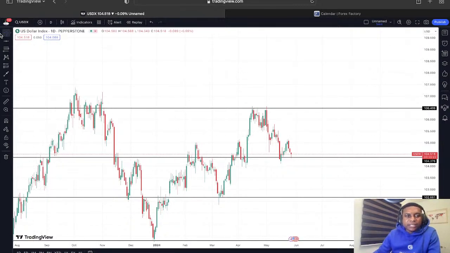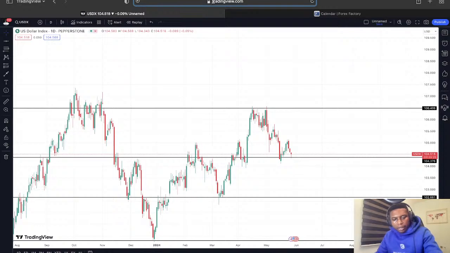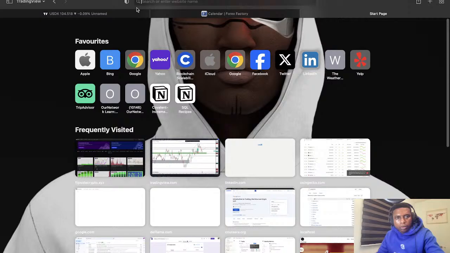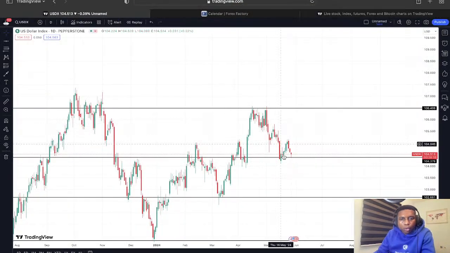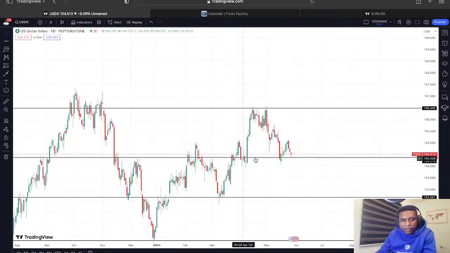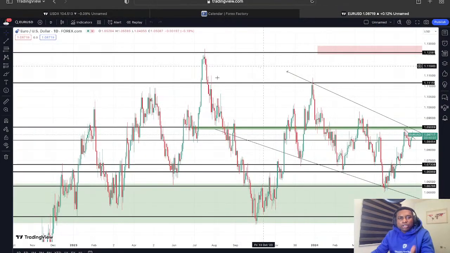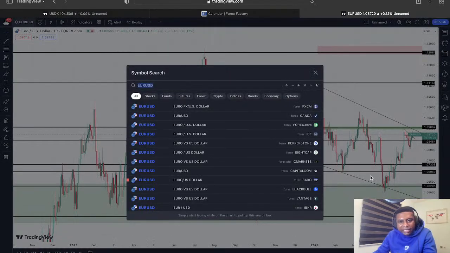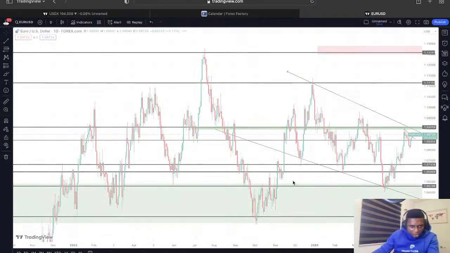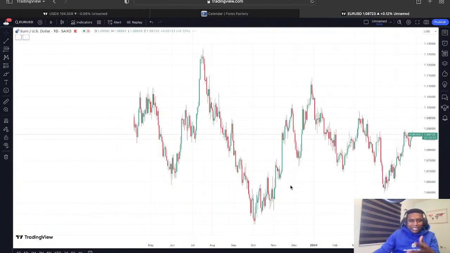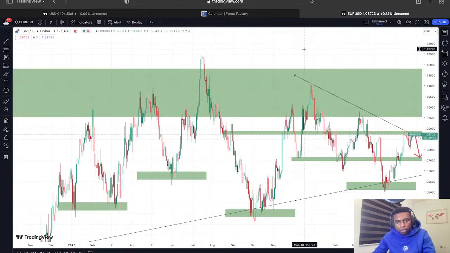When we look at it in correlation to the USD movement, we will discover that if the dollar is bouncing back from this major support zone, that means it is gaining strength compared to the euro.